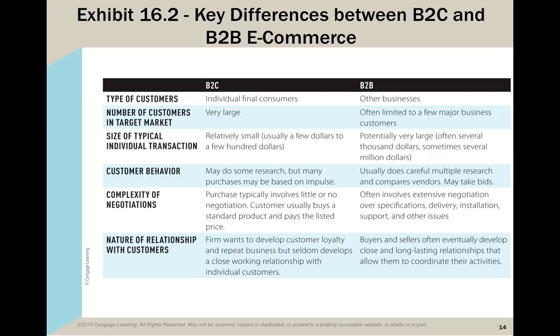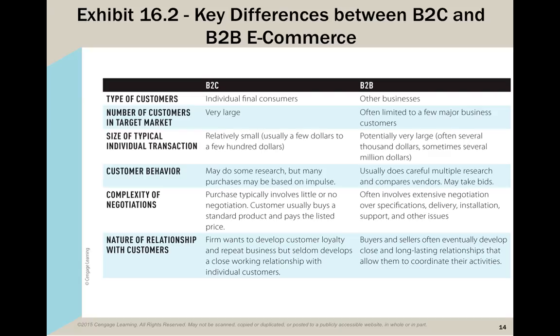I guess I am reading this whole chart. So, off to the other half. When we are dealing with other businesses, typically when it's business to business, you're only working with a few large customers. You're not dealing with every little consumer.